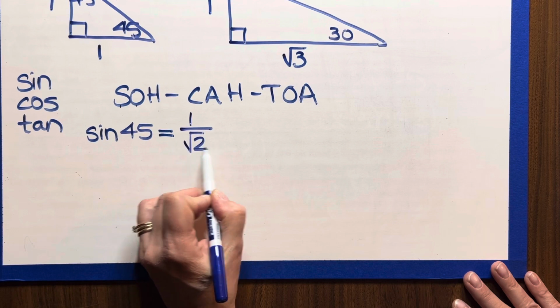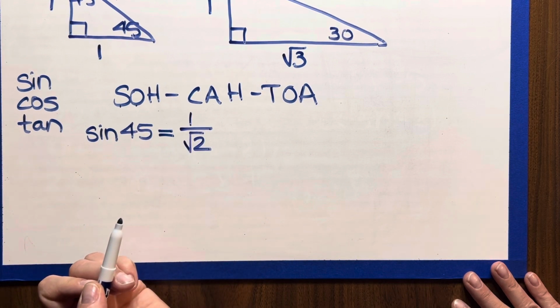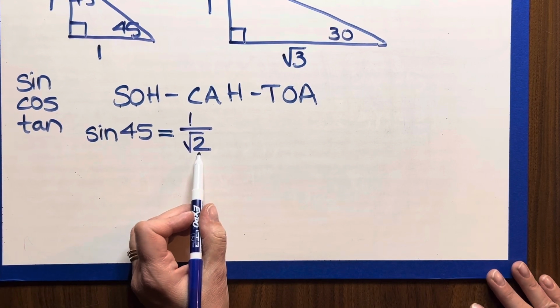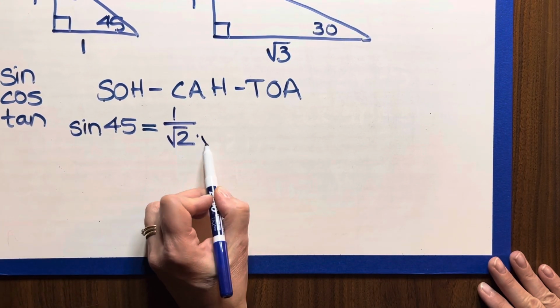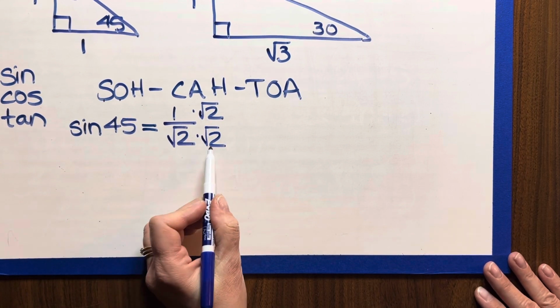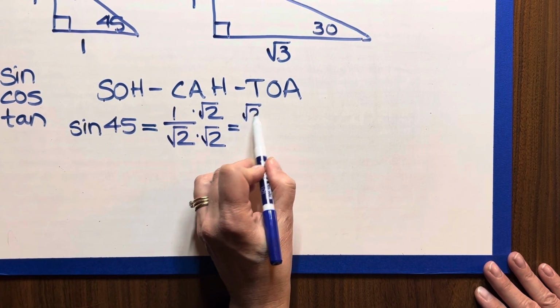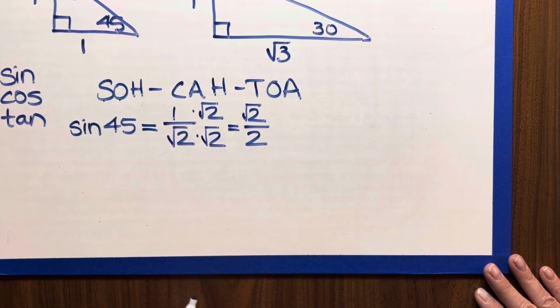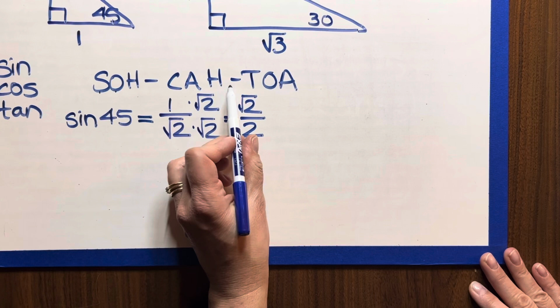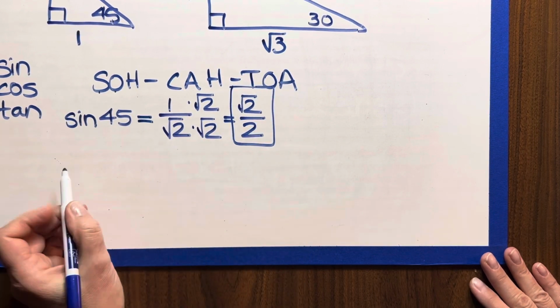So 1 over the square root of 2. Now, we don't typically leave a radical in the denominator, so if I want to rationalize that, I'll multiply the numerator and the denominator both by the square root of 2. So I get the square root of 2 over 2 is what the sine of 45 degrees would be. You can box it off.